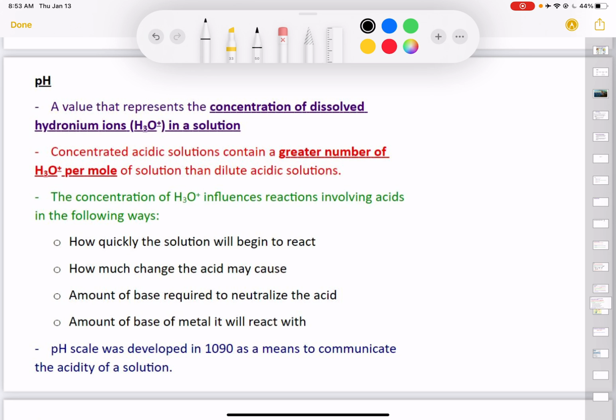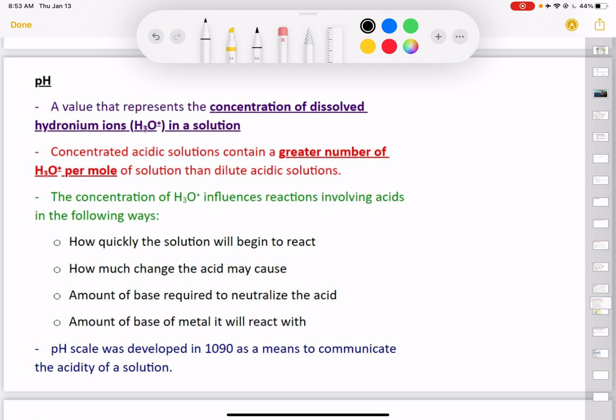The concentration of H3O+ influences the reactions involving acids in the following way. The more H3O+ you have, the more quickly the solution will begin to react, and how much change the acid can cause. So the more H3O+, the more acidic something is, the stronger acid it is.